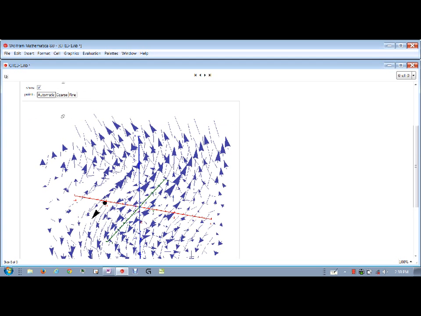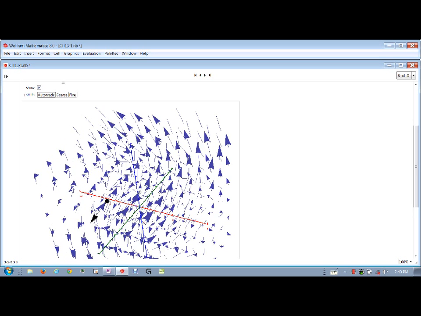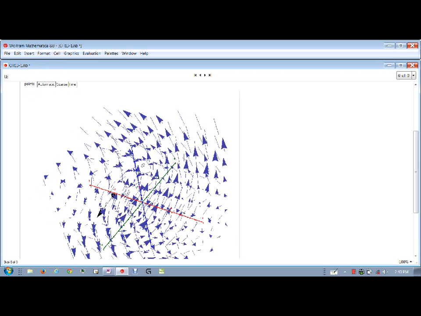So now I'm going to show that vector field. And as you can tell, this is Mathematica's best attempt. That automatic looks pretty cool. You could kind of see some of the behavior, right? If I start trying to rotate this, it gets hard to see things. It really gets hard to see things 3-dimensionally.